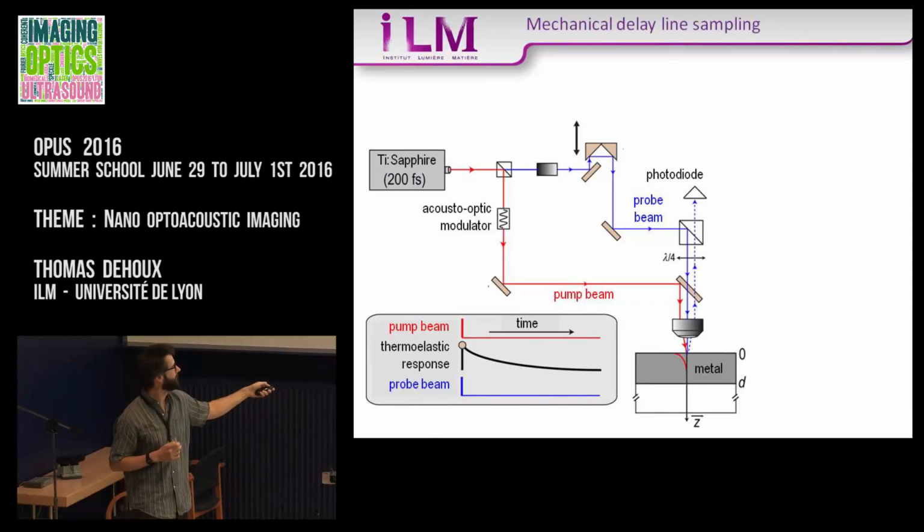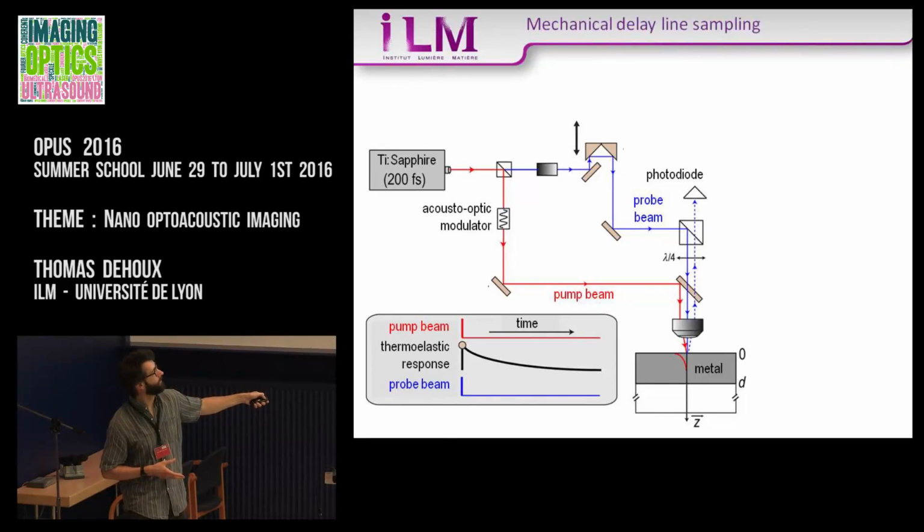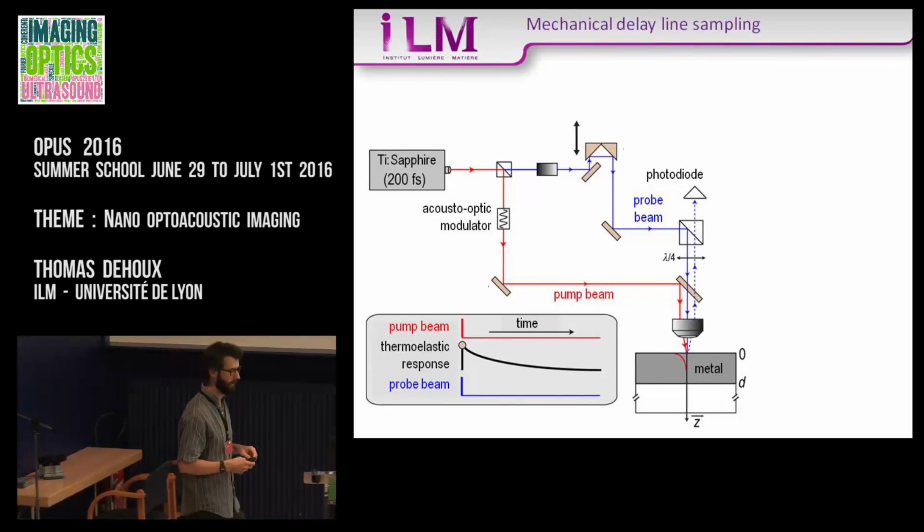You have the pump pulse that arrives here, the thermoelastic response of the sample, and the probe pulse that you delay by moving this set of mirrors, and you probe the response of the sample point by point. Each position of the mirror corresponds to one sampling time, and by moving the mirror discretely, you're reconstructing the whole response of the sample.